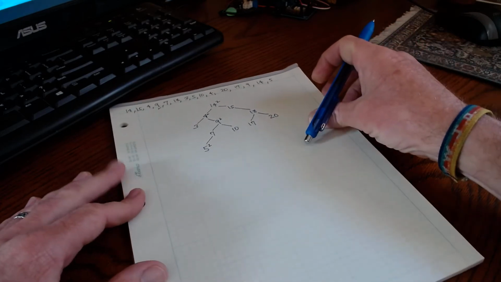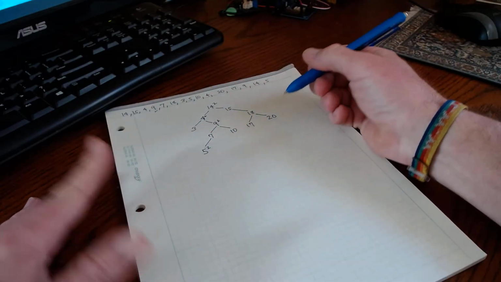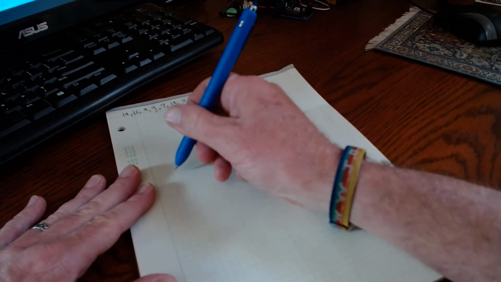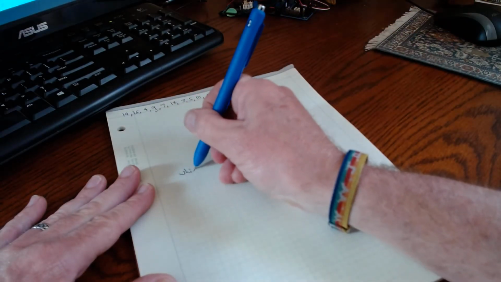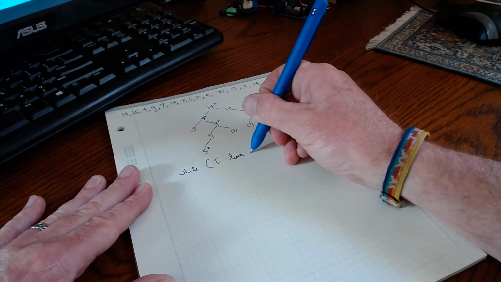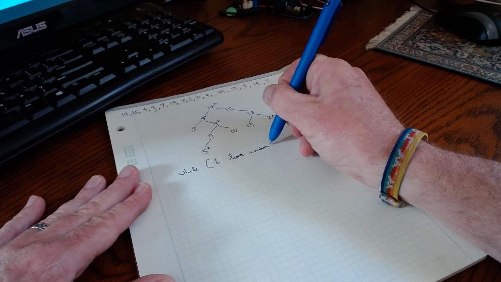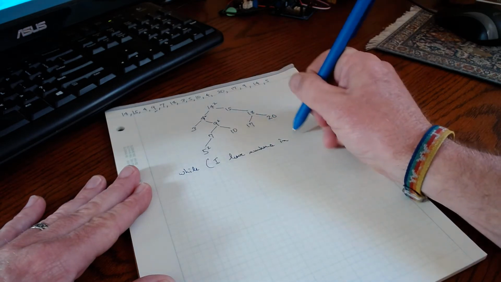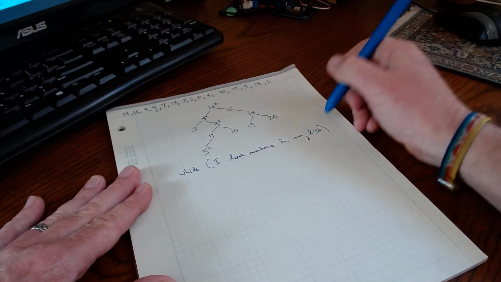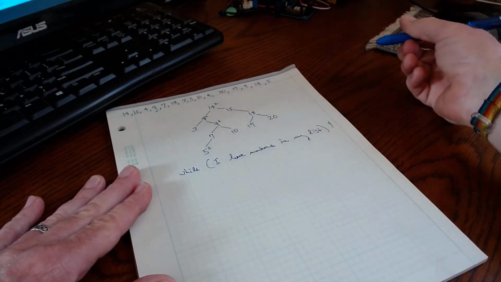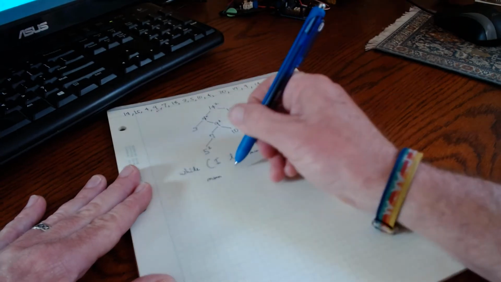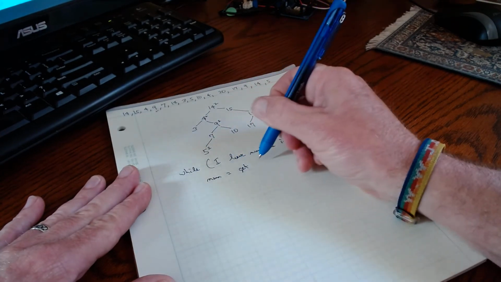So let's see, what do we have here? I'm going to make a loop, and I'm going to do it like this. While I have numbers in my list, I'm going to grab a number, num equals get number.